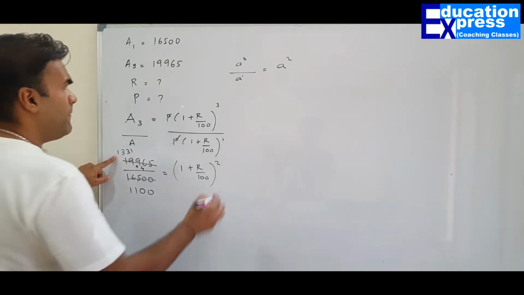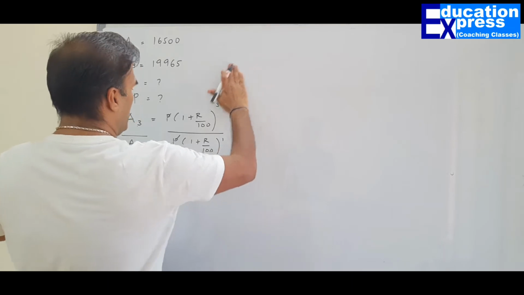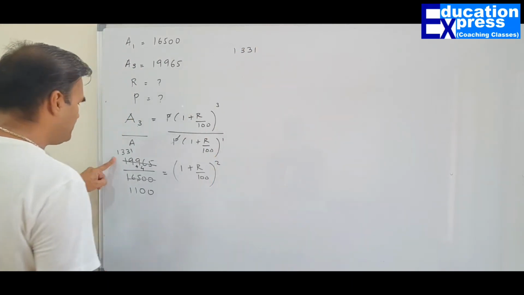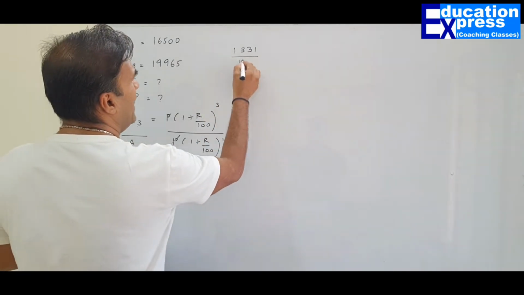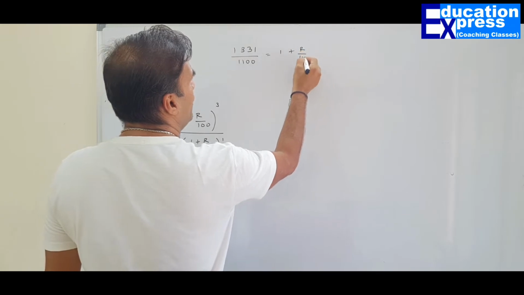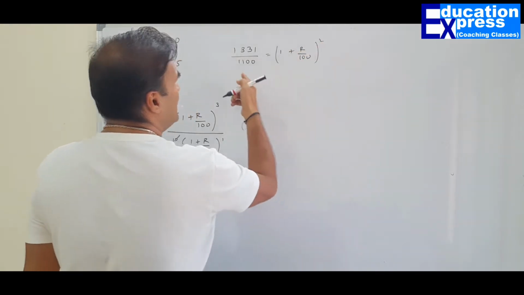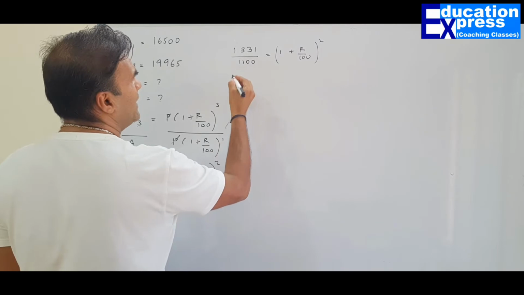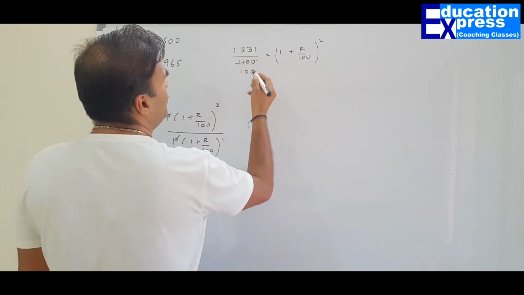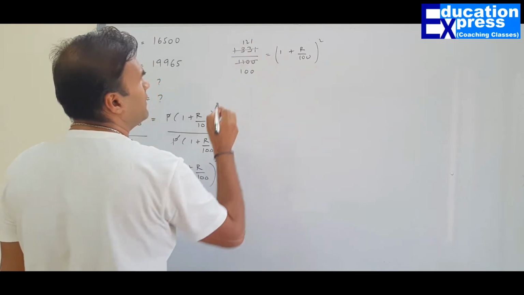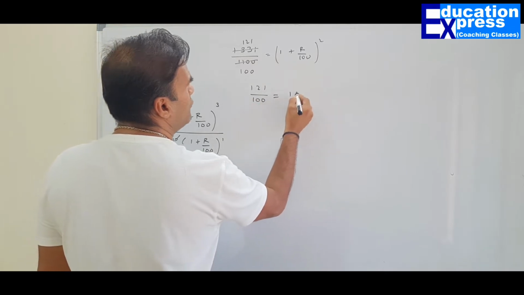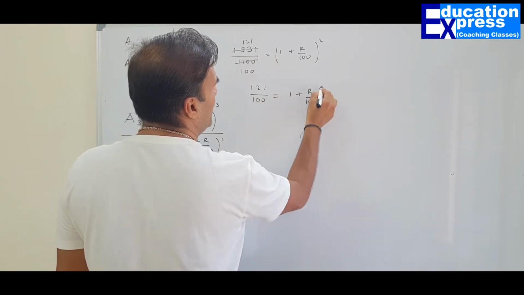So we get 1331 upon 1100 is equal to (1 + R/100) squared. Is there any possibility of dividing it further? Yes, sir, 11. So 11 into 100 and this will be 121. So we get 121 upon 100 equals (1 + R/100) squared.